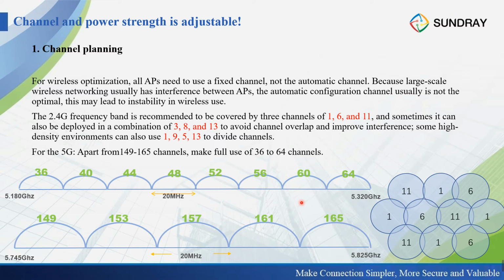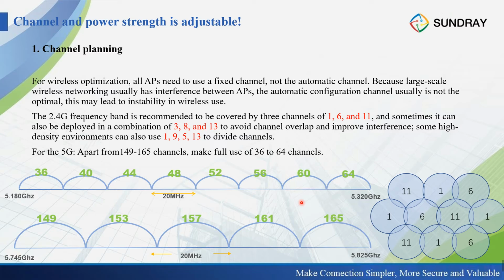And if the AP position is correct, then we can start to do the channel planning. First of all, we want our APs to support automatic channel planning, but in a large scale network, it's better that we plan the AP channels by ourselves, because we deploy the APs on different floors and in different rooms.